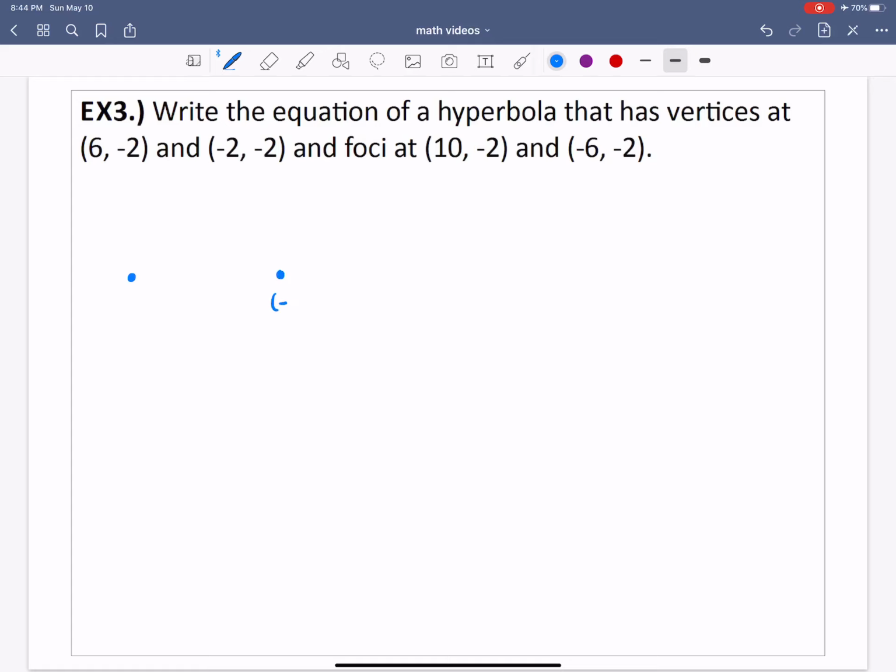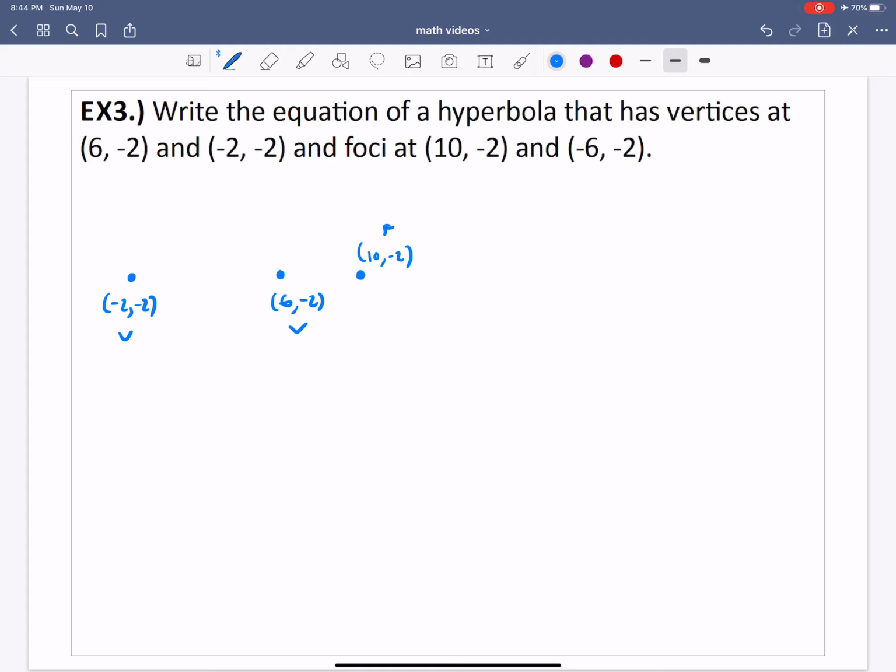Let's label these. So that's 6, -2. That's -2, -2. Those are the vertices. So maybe put a little v next to those. Foci at 10, -2, which is out here. That's a focus.